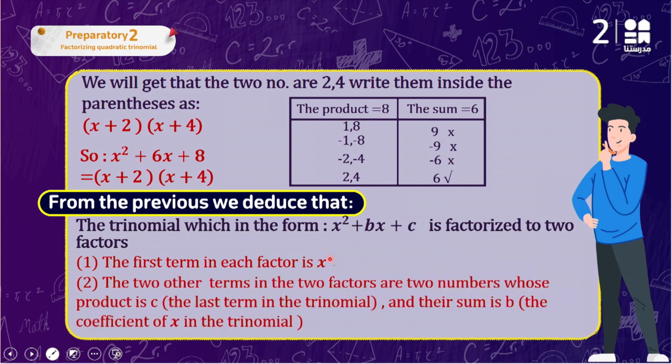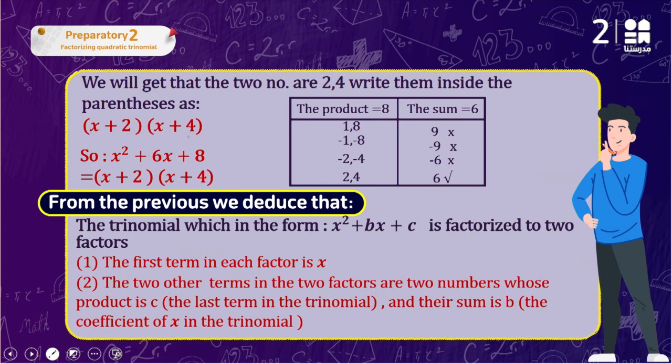The first term in each factor is x, and the 2 other terms in the 2 factors are 2 numbers whose product is the last term and their sum is the middle term, or the coefficient of the middle term. That's what we're talking about: the numbers that will be placed inside the brackets, what's their story? How do I know them? Their summation is the middle term, or coefficient of the middle term, and their product will be the last term, as you see.